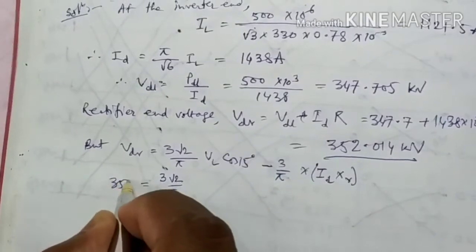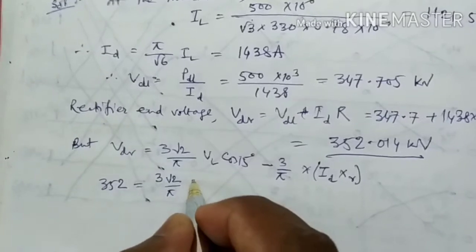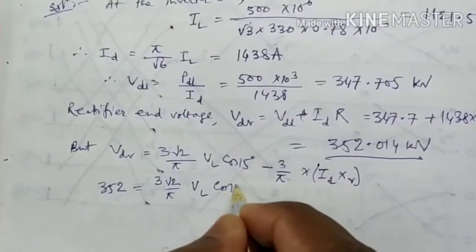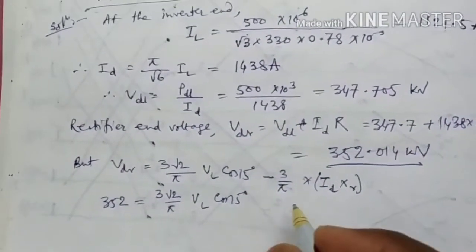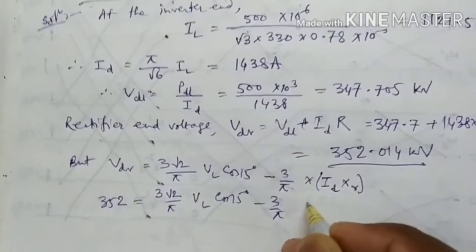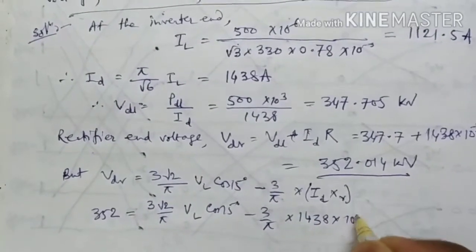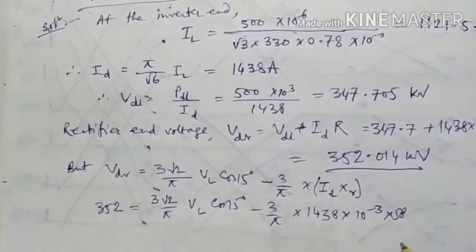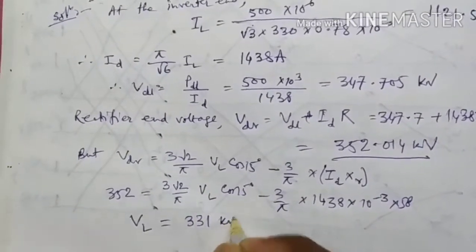VDR will be 352. VL is to be calculated. Cos 15, that is the value of mu, minus 3 by pi, ID value, that is 1438 into 10 to the minus 3 into XR value, that is 58. So the VL will be equal to 331 kV.